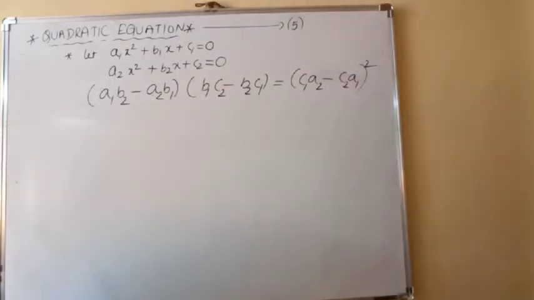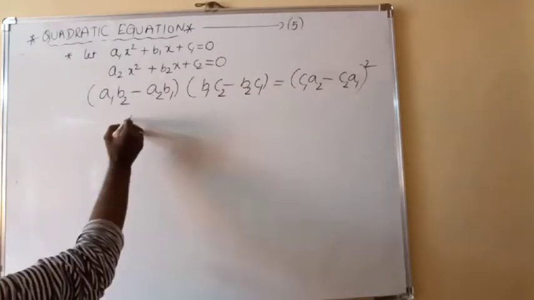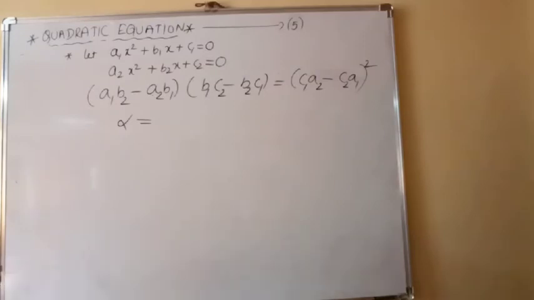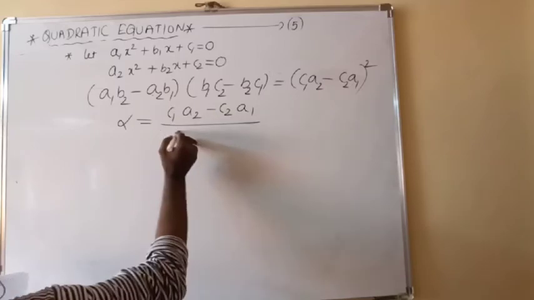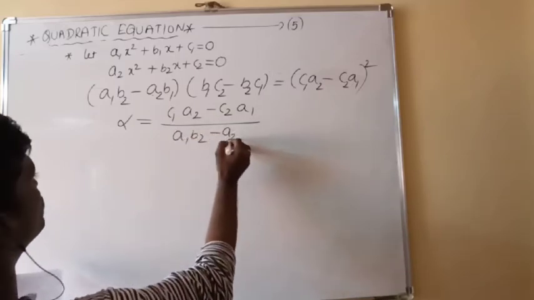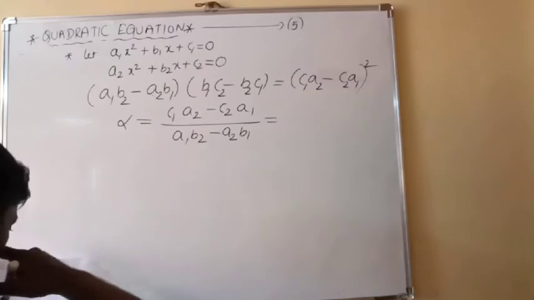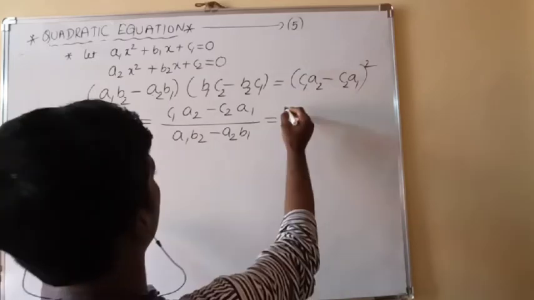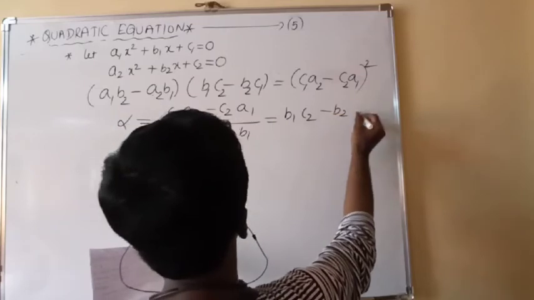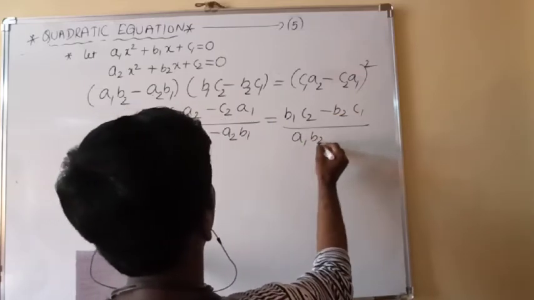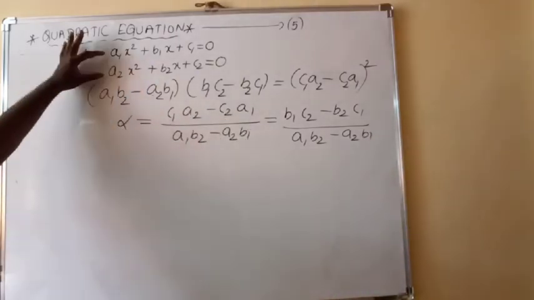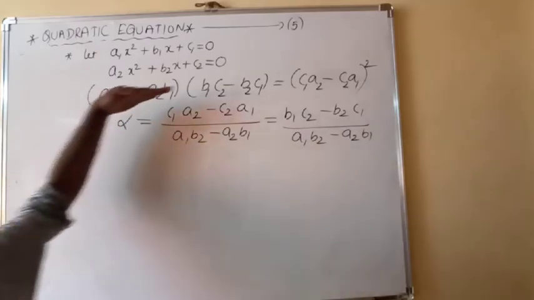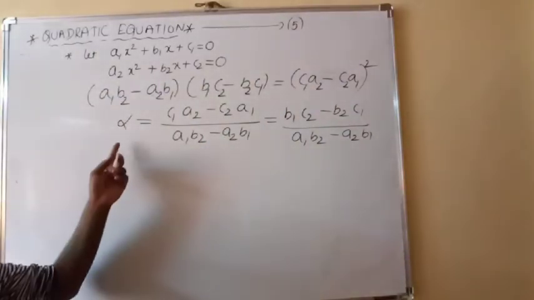So this is the condition for given quadratic equations to have a common root, and that common root will be C1 A2 minus C2 A1 by A1 B2 minus A2 B1, which is the same as B1 C2 minus B2 C1 by A1 B2 minus A2 B1. This is the condition for these two quadratic equations to have one common root, and that common root value is this.